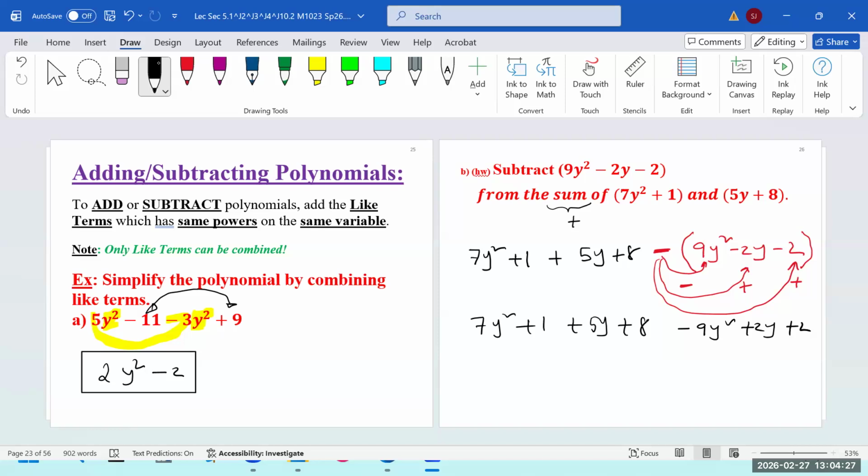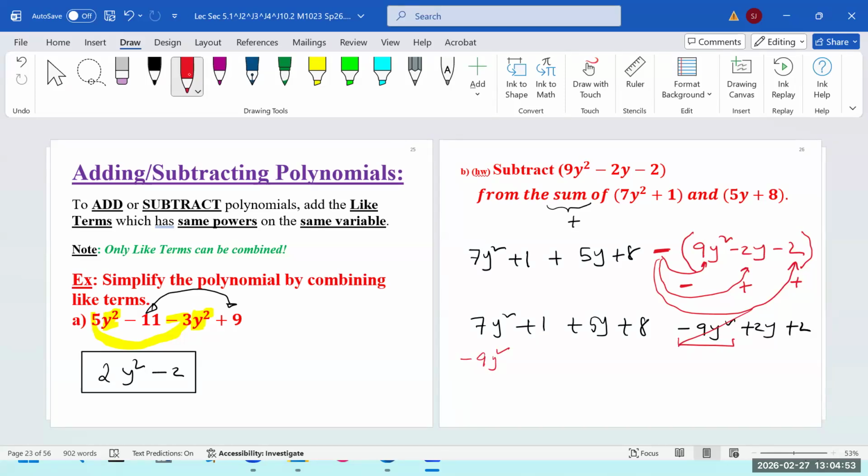So we collect like terms. There are many ways you can collect like terms. You can combine them with an arrow, like I did in the last one. Or if you want, you can put everything together on a vertical line. For example, I have 7y squared here and negative 9y squared, so let me put negative 9y squared here. Then I have plus 1.